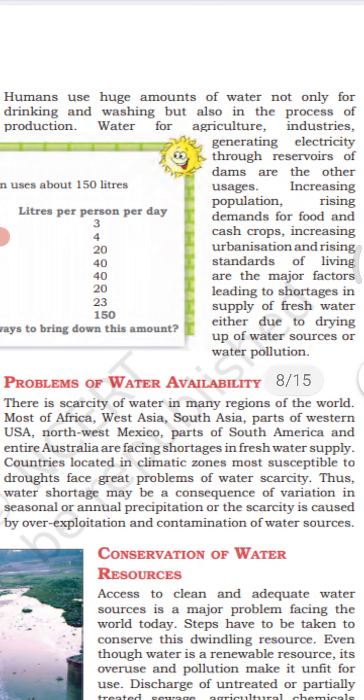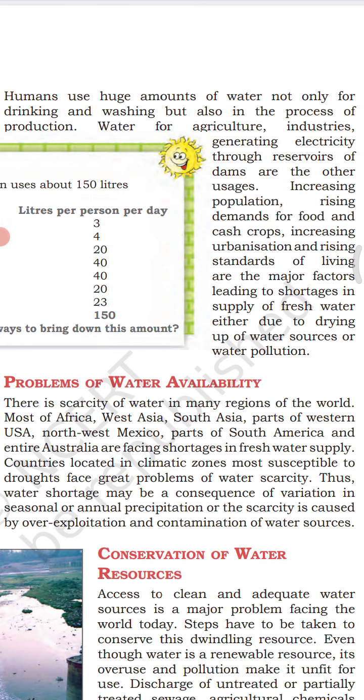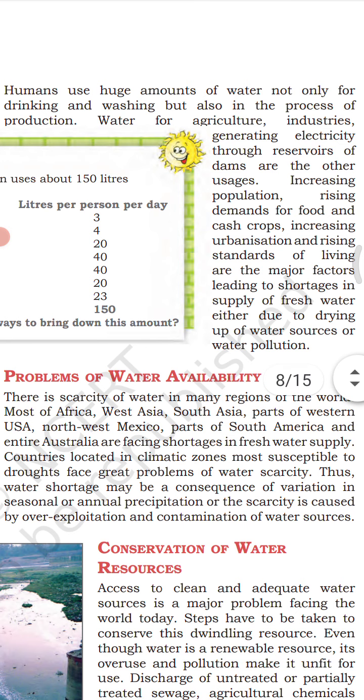Next, humans use water not only for drinking and washing but also in the process of production. Water for irrigation, industries, and generating electricity through reservoirs of dams are the other uses. Yes, we can't survive without water.